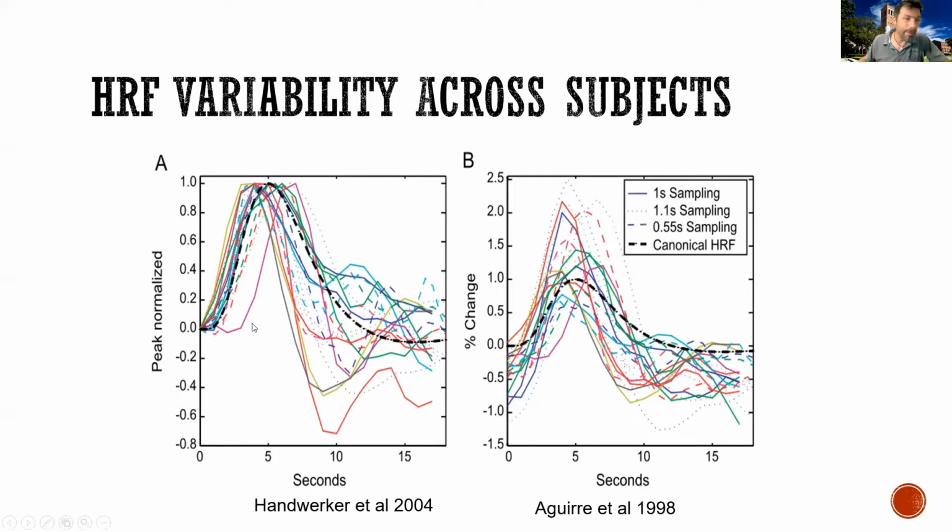So if we look at the leftmost image, you can see here, see the dashed black line? That is the canonical hemodynamic response function. All the other lines are participants under varying sampling conditions, but are participants.